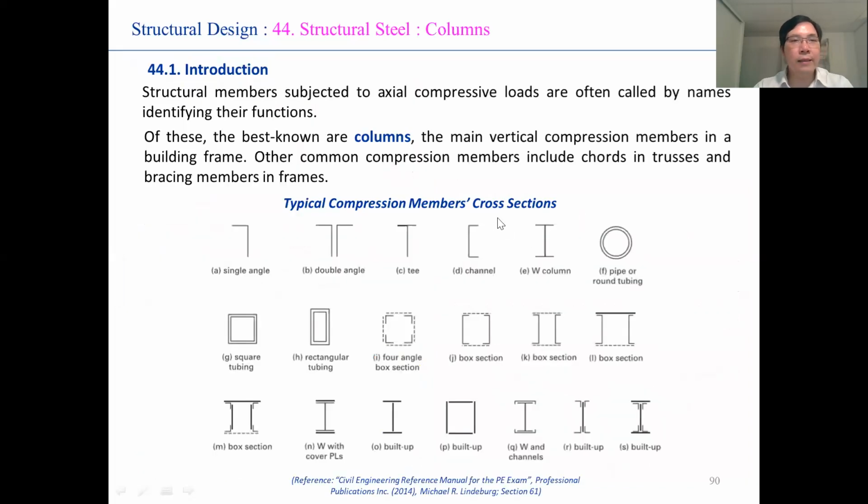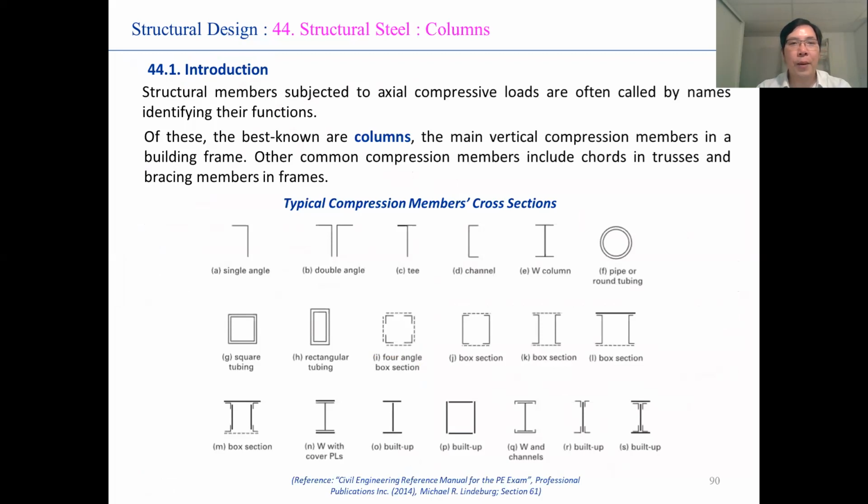And in this slide, I would like to show you some introduction about structural steel columns. Structural members subjected to axial compressive load are often called by name, identifying their function.